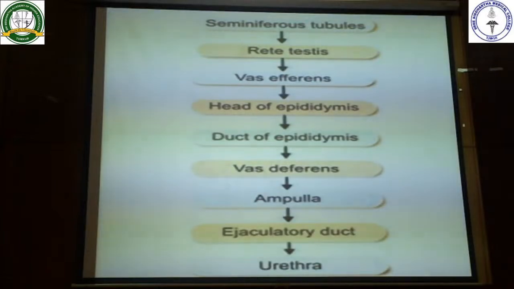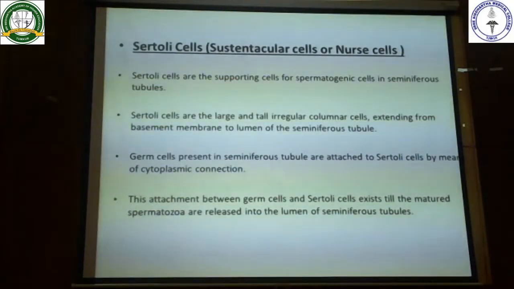The vas deferens enters into the abdominal cavity. The abdominal portion is the ampulla, which joins with the duct of the seminal vesicle of the same side to form the ejaculatory duct, and finally it opens into the urethra. So this is about the path from the seminiferous tubules finally ending into the urethra.